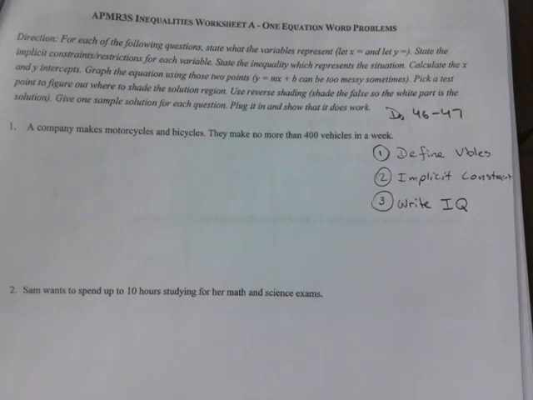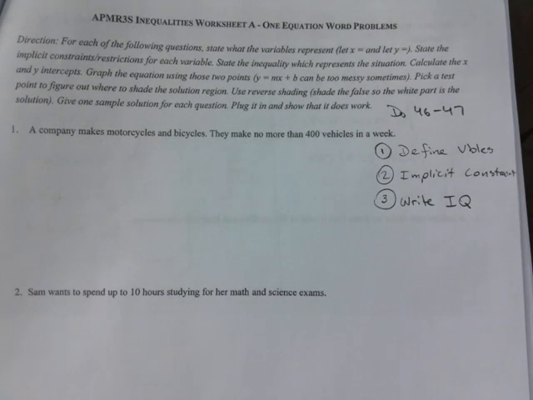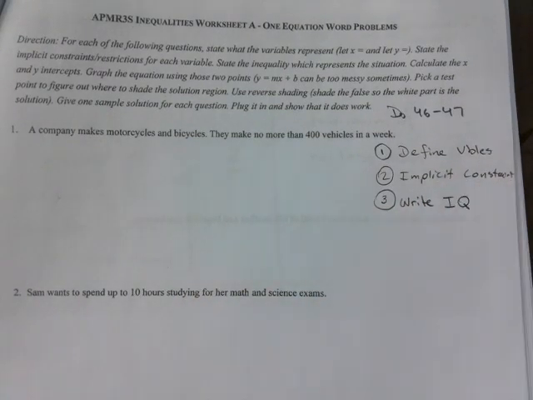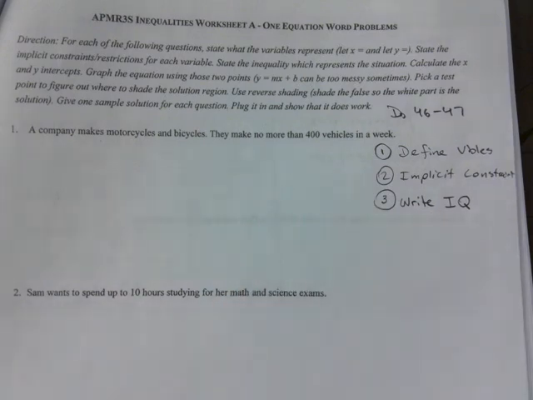Those 3 steps I want you to do for all of these questions here to the best of your abilities. Find the variables that are there. Write the implicit constraint. That one is easy. Implicit constraint is always x, comma, y greater than or equal to 0. It is every time. And then go ahead and write the inequalities. Go for it. Have fun.